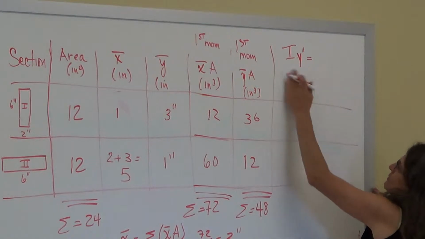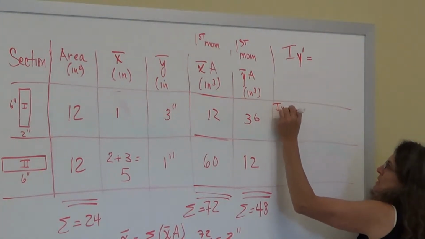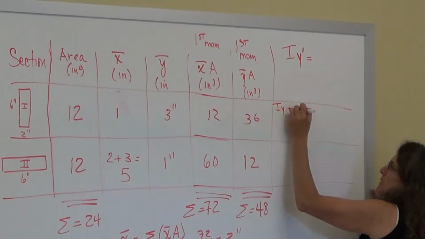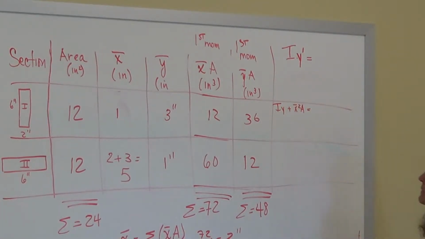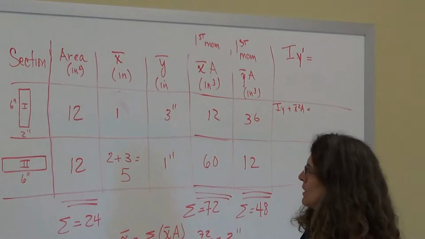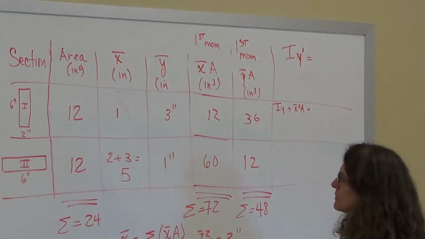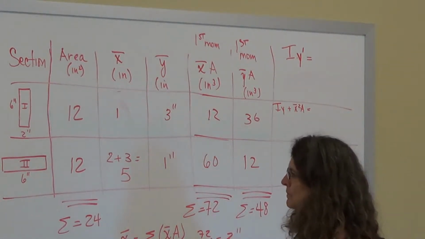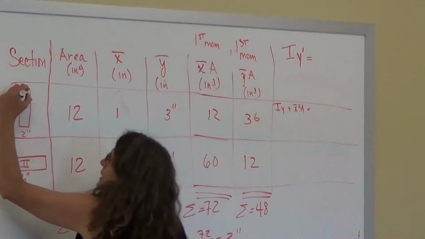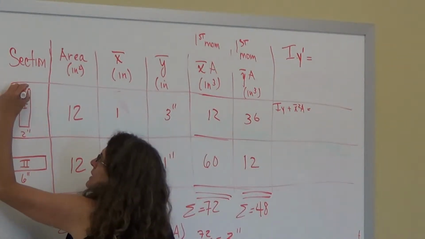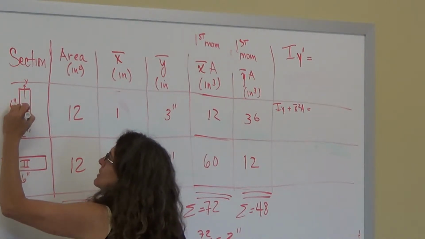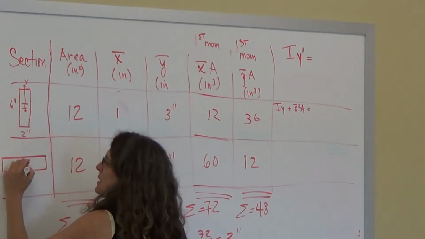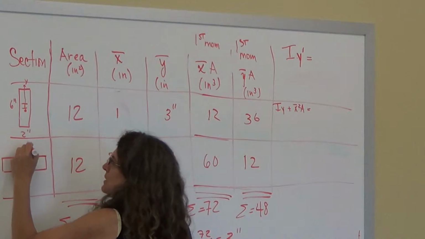Maybe we should just write the equation here. And here's my y-axis, right here, through the center. And here's my y bar through the center.